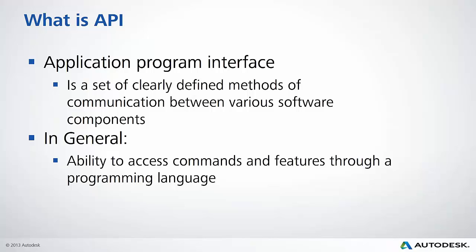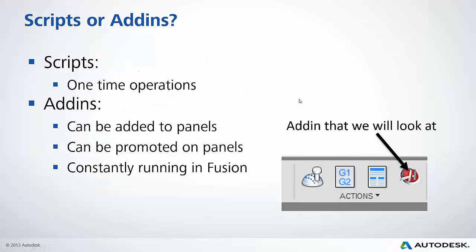So, API is Application Program Interface. It's basically a set of clearly defined methods to communicate between various software components, or just making it able to access commands and features through programming language. That's kind of how I like to put it. So in Fusion, we can do scripts and we can do add-ins.